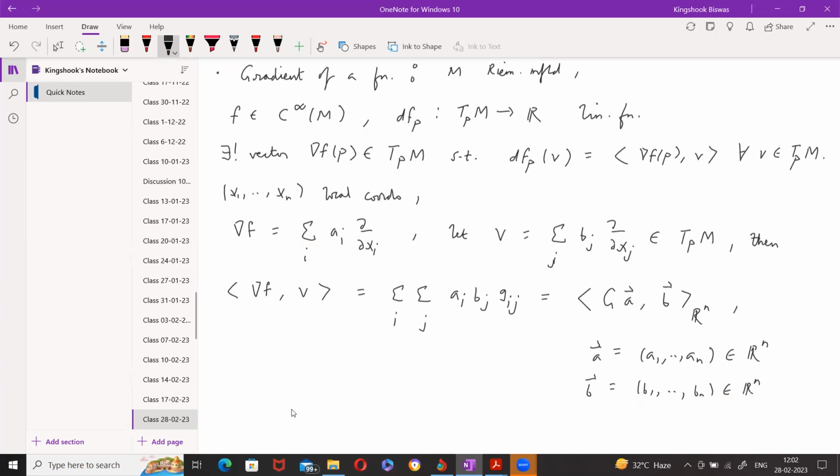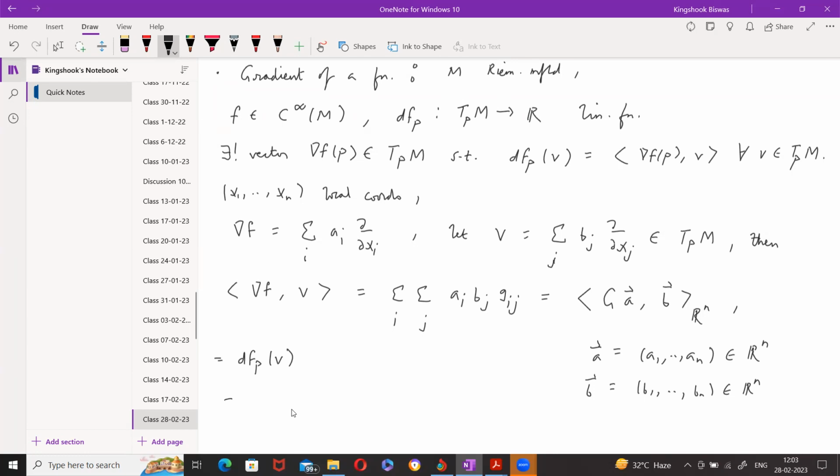Now this inner product of grad f with v is the same as dfp acting on v. And we know what df is. df is the sum over i of del f del xi dxi, and dxi acting on v will be just bi.